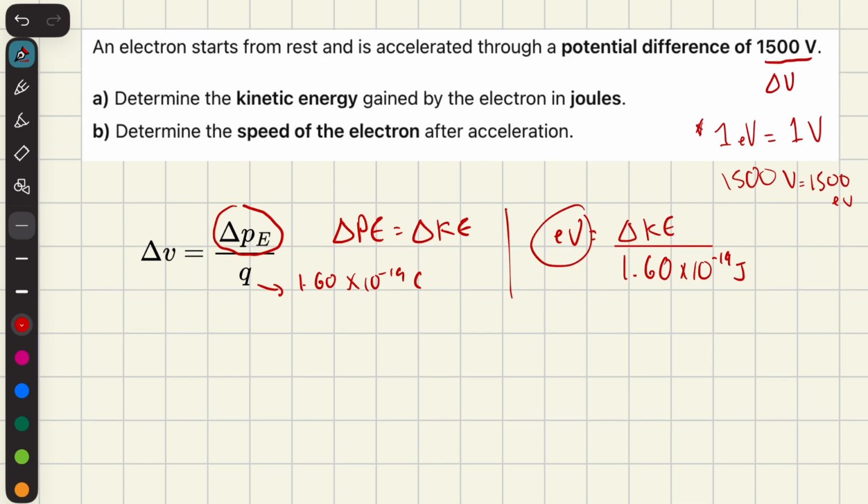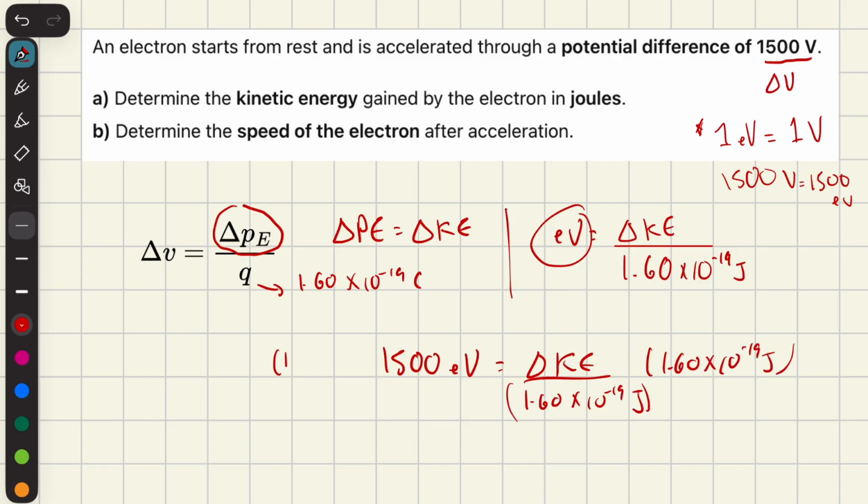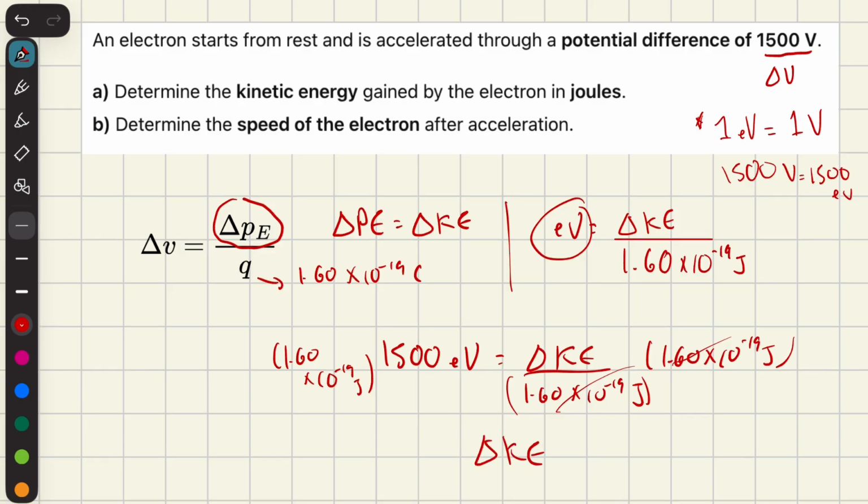So given that it's electron volts, the topic of this video, we're going to go 1500 electron volts equals change in KE over 1.60 times 10 to the negative 19 joules. So the change in kinetic energy here would be about 2.40 times 10 to the negative 19 joules. So that answers the first part of the question here.